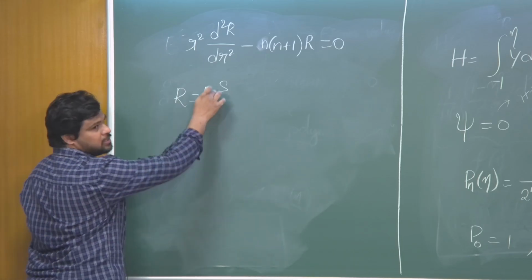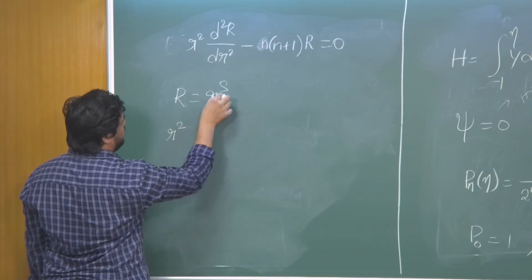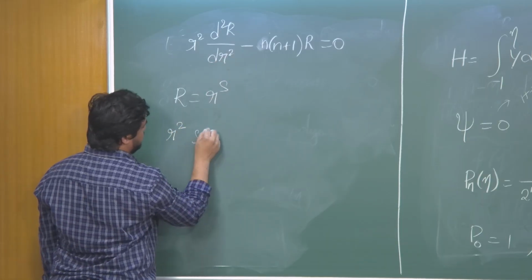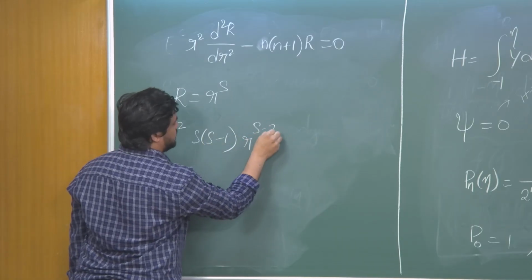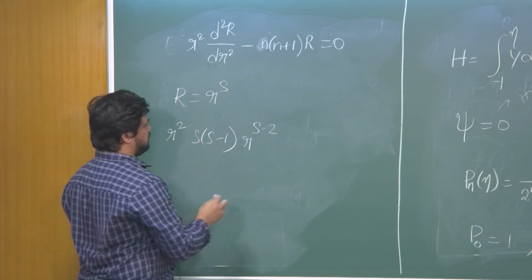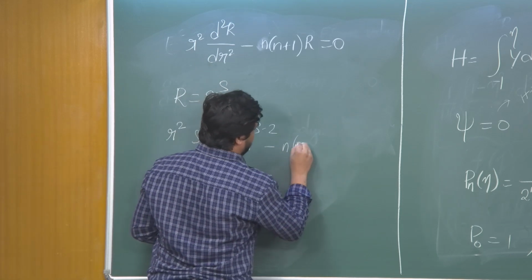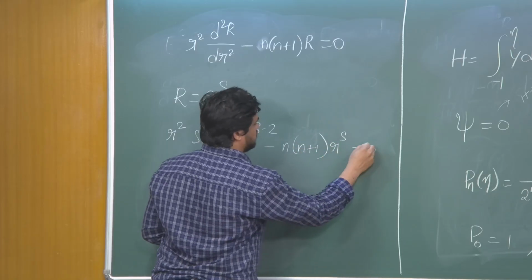So if you substitute r power s in this form, r square times the second derivative of r power s will be s into s minus 1 times r power s minus 2, minus n into n plus 1 times r power s equal to 0.